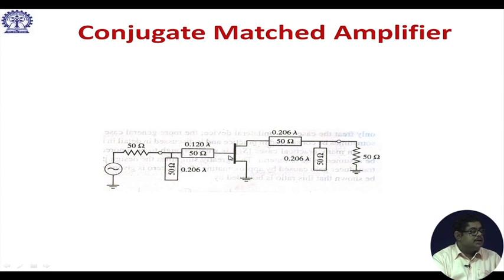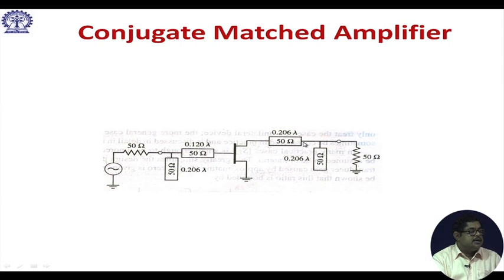You see, on the source side I have assumed all the transmission line and stub impedance level is 50 ohm, same as the characteristic impedance of the transistor. So, I have 0.12 lambda line length, and then a 50 ohm stub.